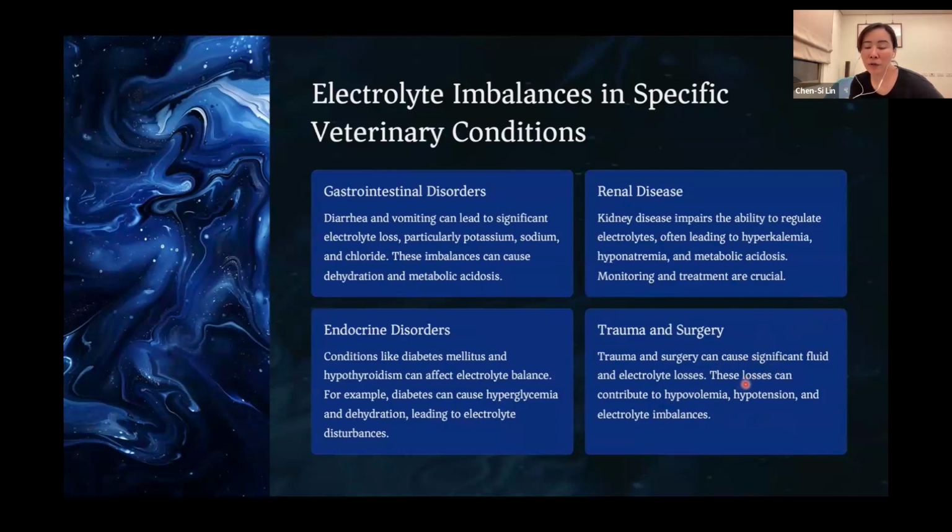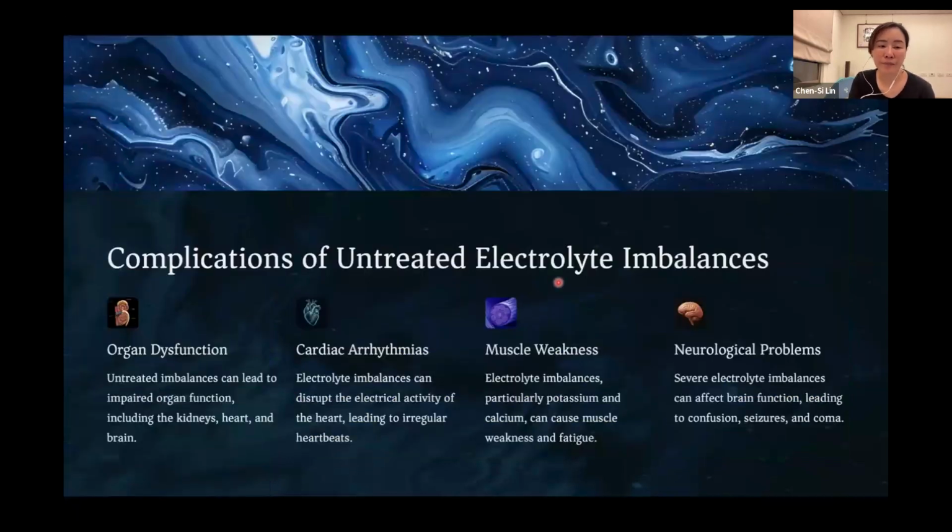If the animal suffers severe trauma, or we do surgery on these animals, we need to monitor the electrolytes and body fluid level, because this loss will contribute to hypokalemia, hypotension and electrolyte imbalance. So these four factors are the main contributors to electrolyte imbalance.